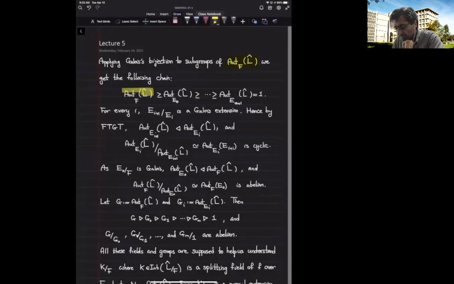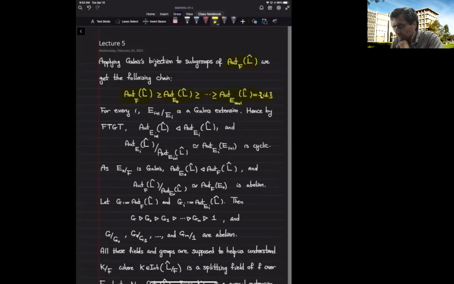F-automorphisms of L hat contain E sub 0-linear automorphisms of L hat, and then I restrict more and more: E sub 1 linear, E sub 2 linear, and at the end E sub n plus 1 linear, but L hat is E sub n plus 1. When I say E sub n plus 1 linear, that means it's just the identity. Maybe it was better if I wrote this as the set that has only the identity element. Anyway, it's a trivial group. So we get this chain of subgroups of F-automorphisms of L hat.